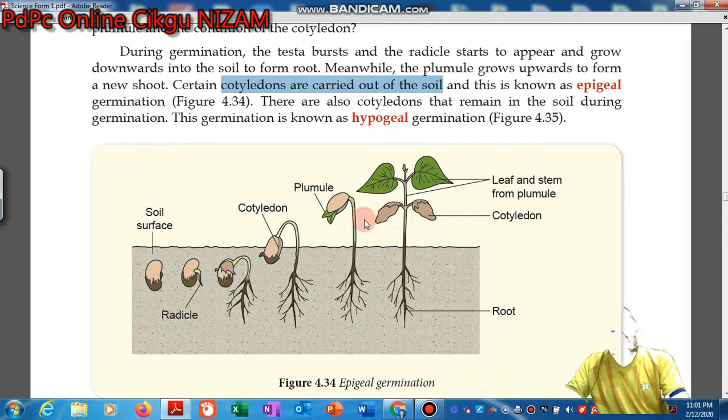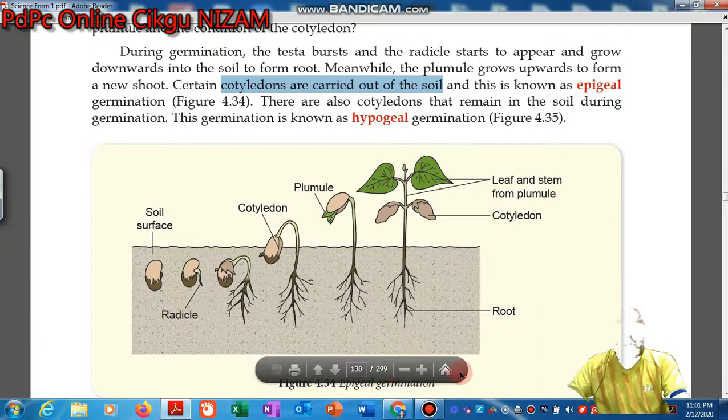We can see that the cotyledon carried out from the soil starts to decrease in size, because the cotyledon contains food that supplies the growth of the seed. This is what we call epigeal germination.